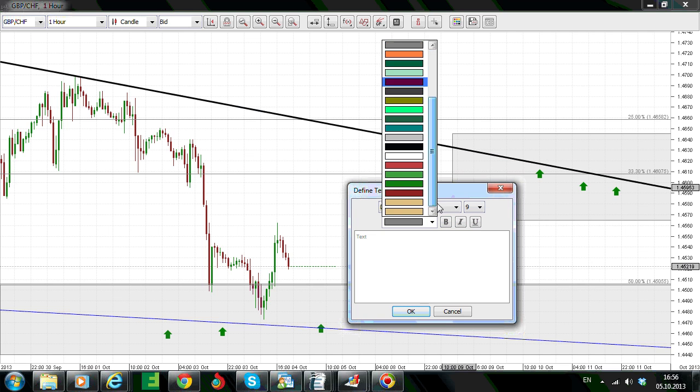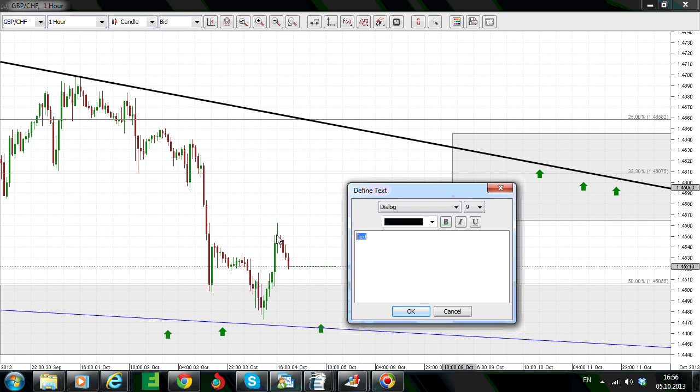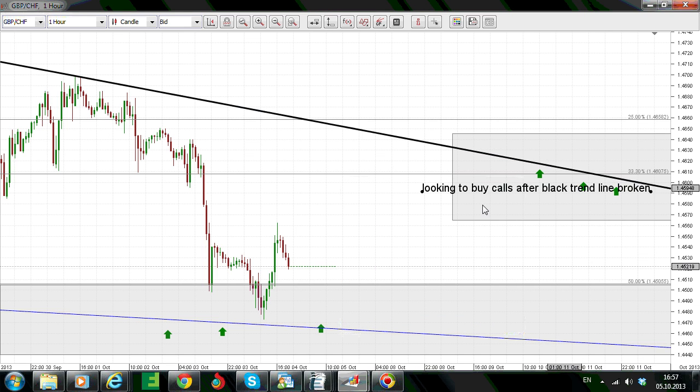Let's try to write this down here. Looking to buy calls after black trend line broken, and the expiration date is going to differ depending on the time frame you are looking at.